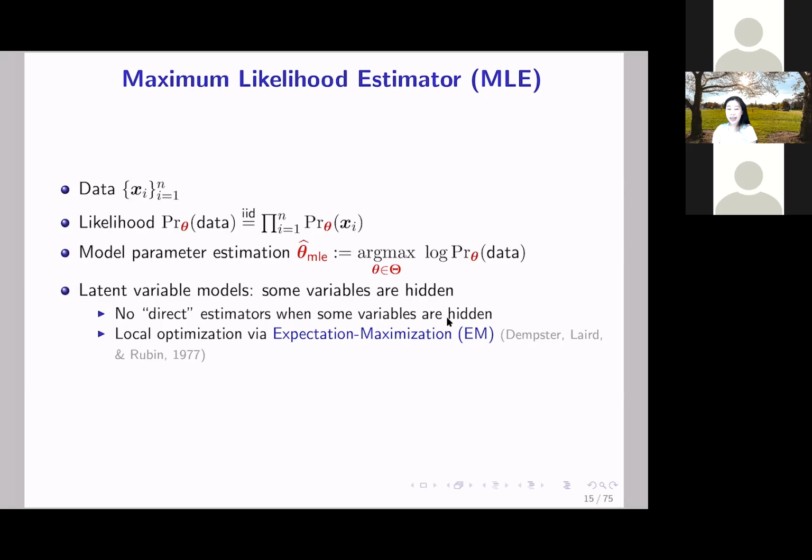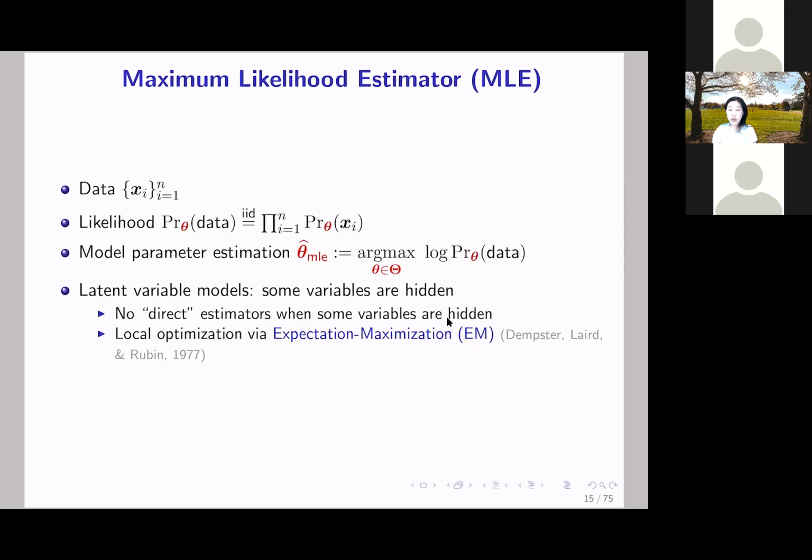So now we have the likelihood of the data. The likelihood of the data is the probability of the data conditioned on theta. Because the data examples are usually assumed to be IID, it becomes the product of the likelihood of xi conditioned on theta.